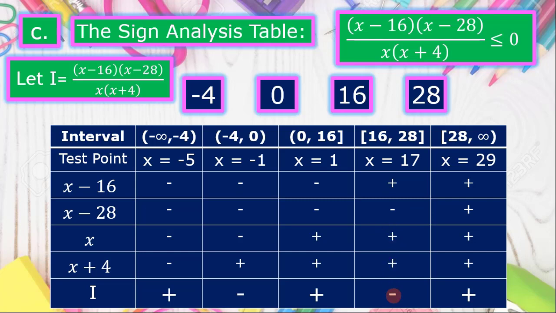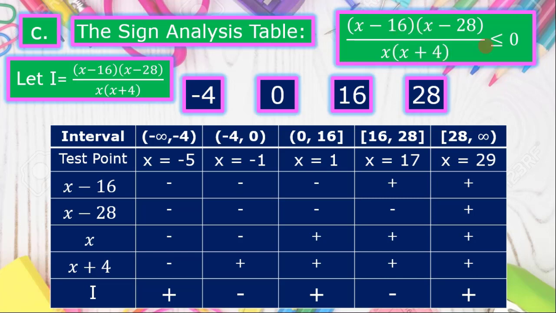That is negative. And x equals 29. We have 29 minus 16, positive. Then 29 minus 28, positive. Of course, positive, 29. 29 plus 4, 33, positive. Then we have positive.